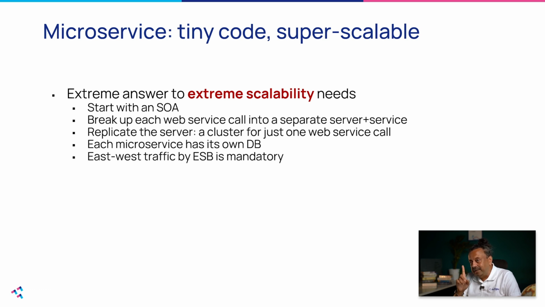This microservice is doing exactly one thing. So where do you get the view of the other 99%? The answer is very simple. Data from other services needs to be replicated into the database of this microservice. So east-west replication, east-west communication using an ESB is mandatory if you want to do microservices.